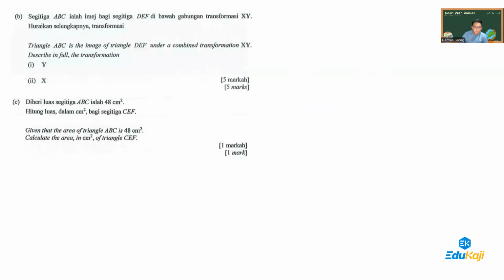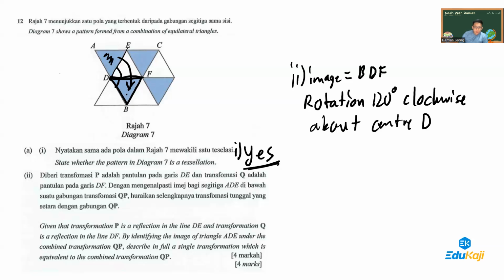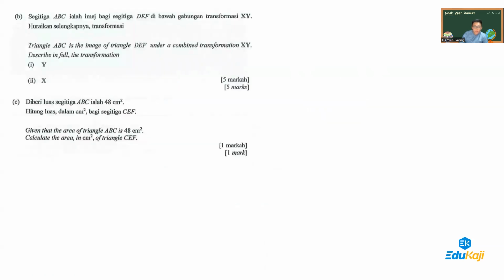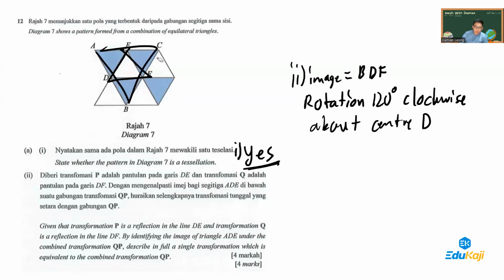Part B, triangle ABC is the image of DEF. ABC, this big one, is the image of this DEF under combined transformation XY. So Y first.